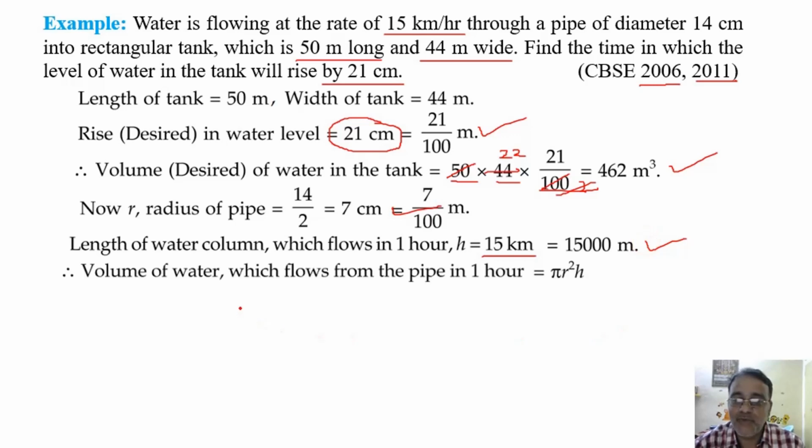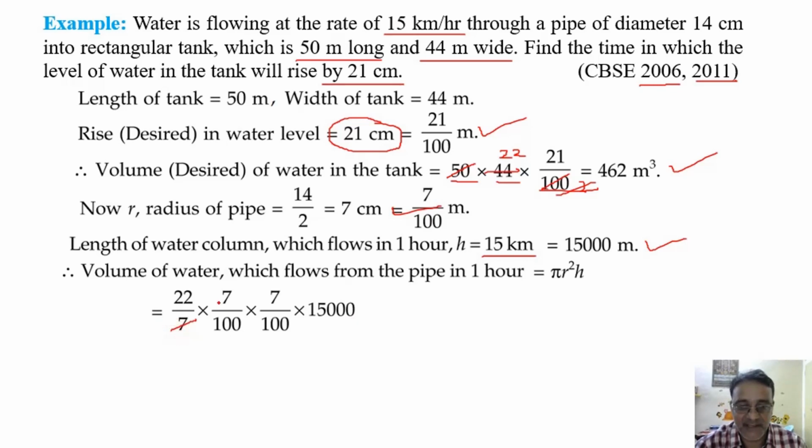The volume of water which flows through the pipe in 1 hour is equal to pi r square h, because that will take the shape of a cylinder. And this is equal to 22 by 7 into 7 by 100 into 7 by 100 into 15,000. So one 7 we can cancel here, and 3 zeros we can cancel.